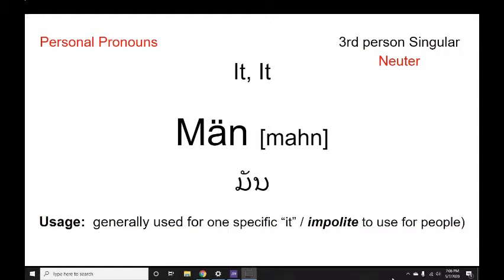And also in the Bible, you will find that this word, man, is used specifically in reference to the devil. So you would not want to use this in reference to people, calling them it. But in Lao in general, you also find this as a word to refer to animals or things sometimes as well. Okay, so man is the word for it.